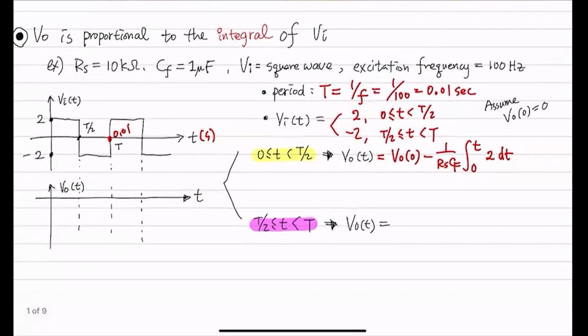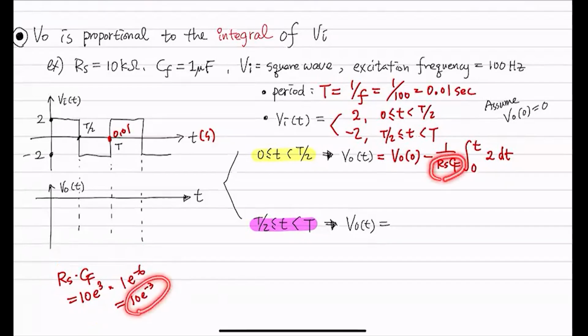So if we plug in all these values, RsCf, how about we find Rs times Cf separately? So that is 10 kilo ohm, so 10 to the third, times Cf is 1 microfarad. So micro is 10 to the -6. That is going to be what? 10 to the -3. So we can plug this in here.